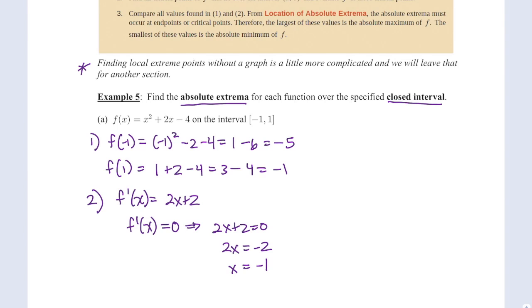That happens to be one of the endpoints of our interval. That's fine. We already evaluated that function value, but let's just do it again. So we again note that the function value at the critical number is -5. So we're now at the step of just comparing anything from those lists. And so we would say, step 3, compare function values at endpoints and critical numbers.